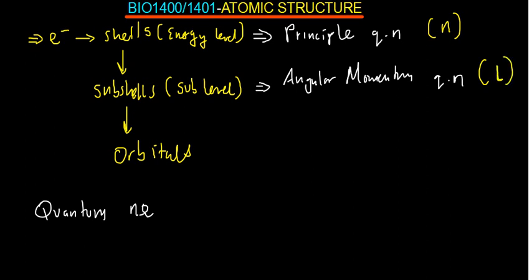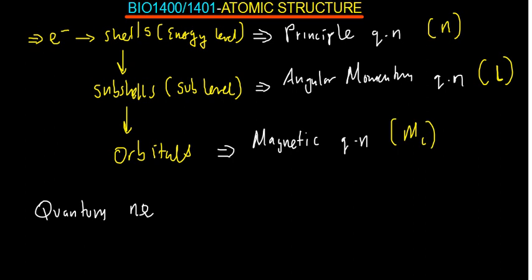Then you are going to have an orbital. Orbitals are described by what is called the magnetic quantum number, and its symbol is m with a small l down. So these are the quantum numbers which describe a shell, a subshell, and an orbital.